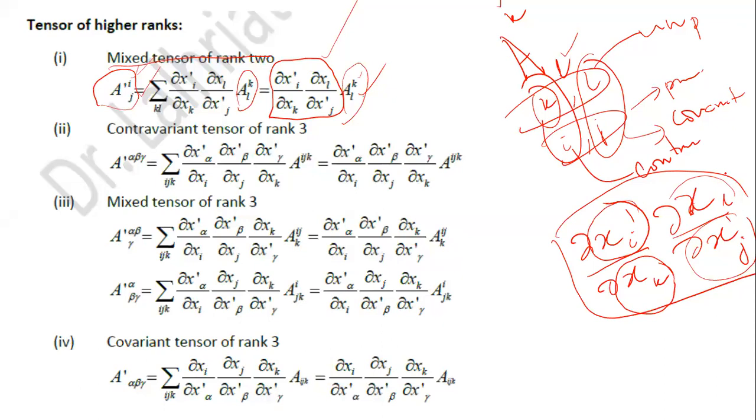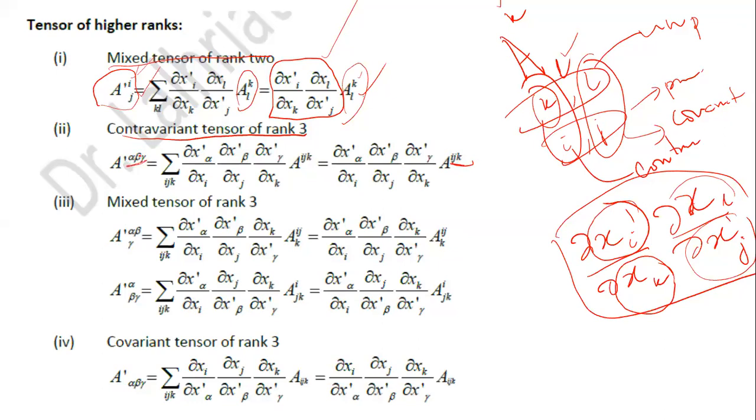Now, you can also write down the transformation relation for a contravariant tensor of rank 3. Let's say you have a contravariant tensor of rank 3, it means three indices are required to represent that tensor, and those three indices are written in the superscript: I, J, and K. Corresponding to these, let's say the contravariant indices in the prime system are alpha, beta, and gamma.